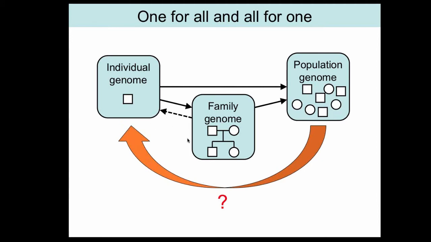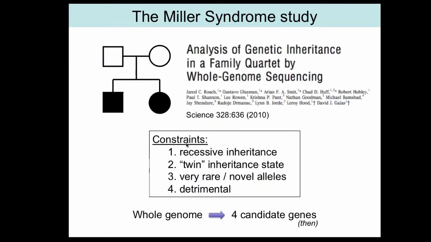This dashed arrow here shows this idea that, as we published a few years ago when we did the first analysis of genomes in a family, you can take the genomes of 4 people in a family, in this case 2 unaffected parents and 2 children affected with Miller syndrome, and use the combination of all four genomes to identify which gene is causing the disease.